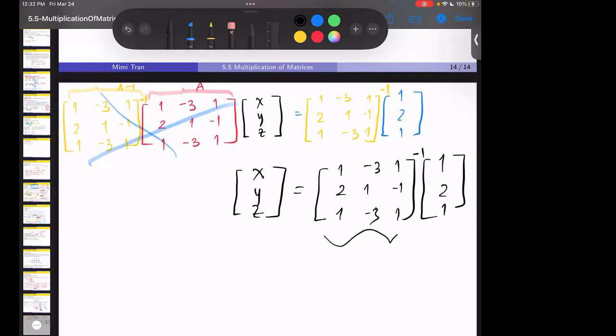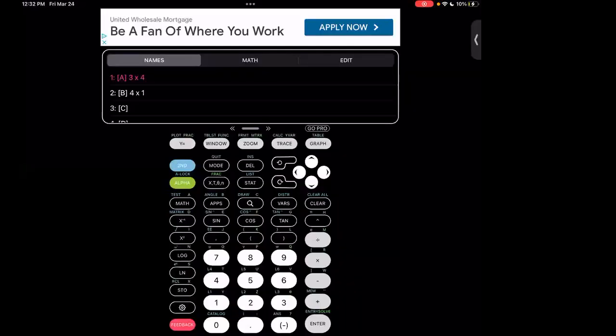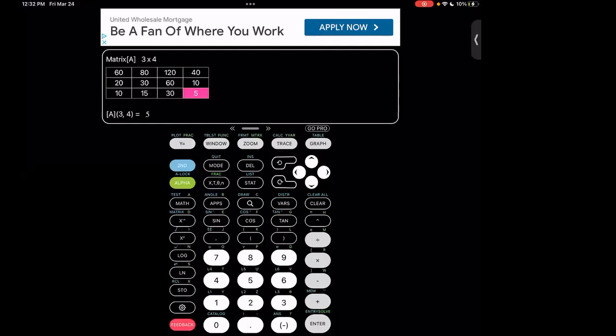And you plug it in your calculator, it'll give you some numbers, right? It gives you your X, Y, Z. Maybe we can do this together. Take a picture so I don't have to go back and forth. Second matrix, edit.